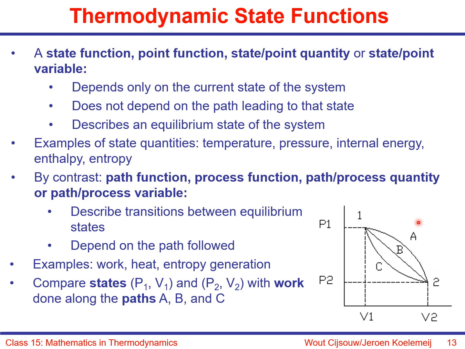And a thermodynamic process is a transition from one state to the other. And the process is described by a path function. For example, work or heat or entropy generation, which is the additional entropy that's generated because of irreversibility.